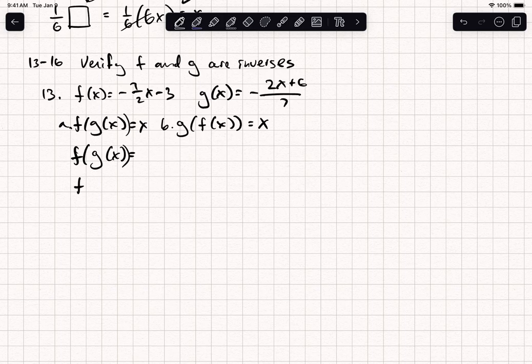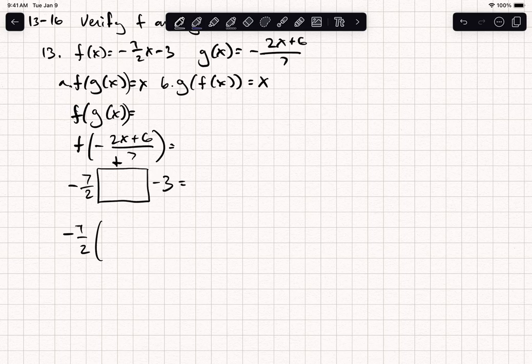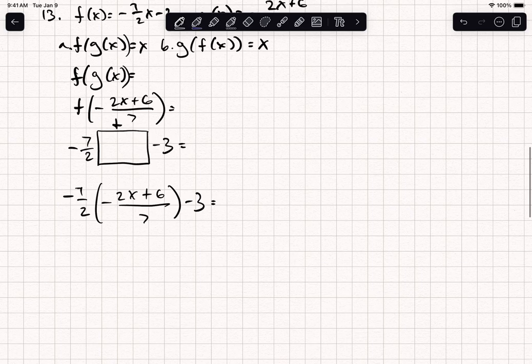First step is replace g of x. I'm going to write f in box notation. Fill in the box. And simplify.